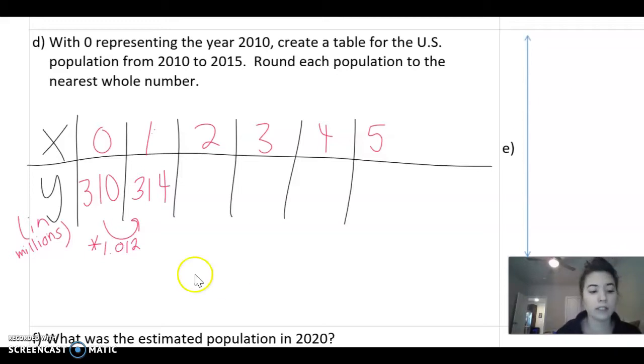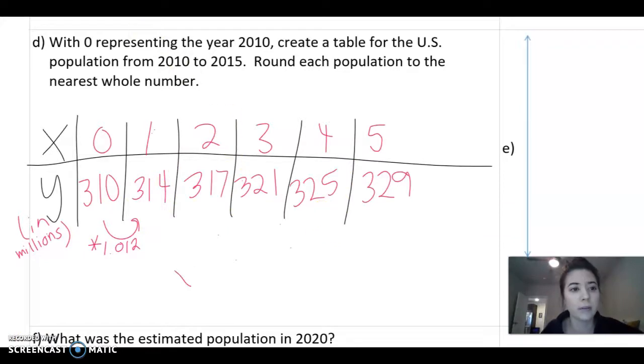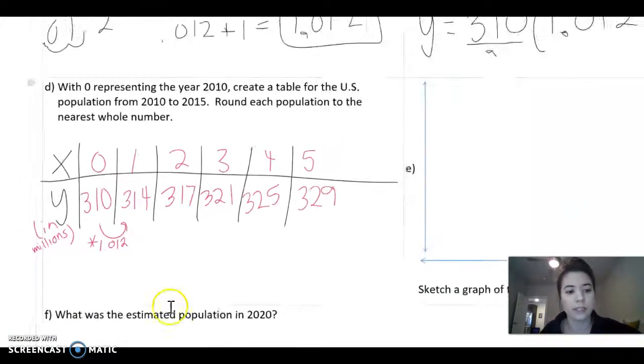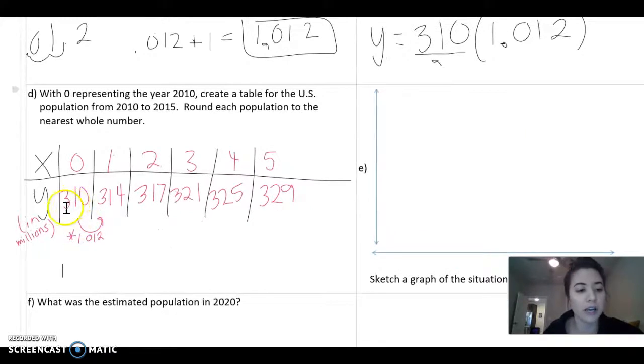And I'm just going to go down my table multiplying by 1.012. All right, and so there's our table. I just didn't want to waste the time. So again, we took 310, multiplied it by our multiplier, 314, multiplied by our multiplier, and so on, all the way down. So by 2015, 5 years later, we have 329 million people.